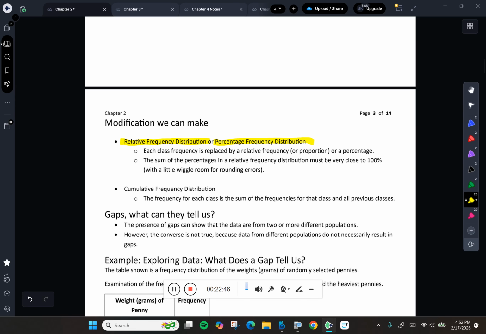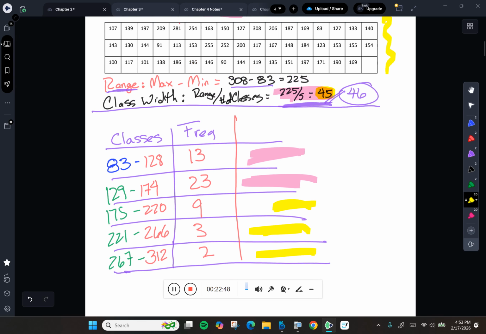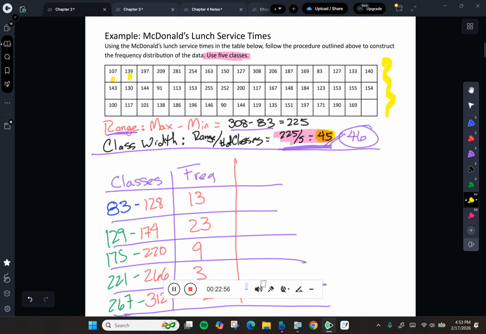Or a percent frequency distribution by saying that, well, instead of 13, because I don't know what 13 means, could I say... so there's 50 data points. So could I say that this is 26%?